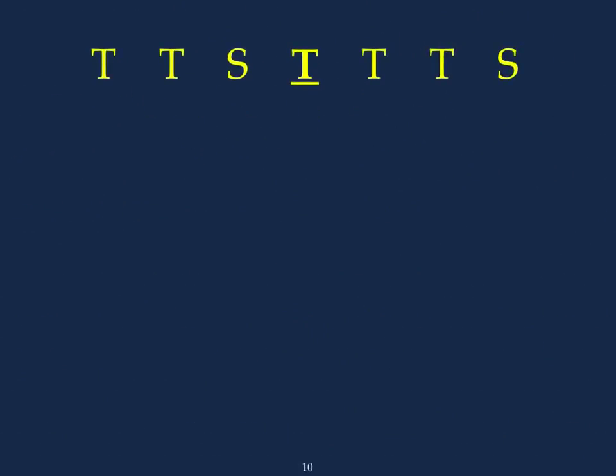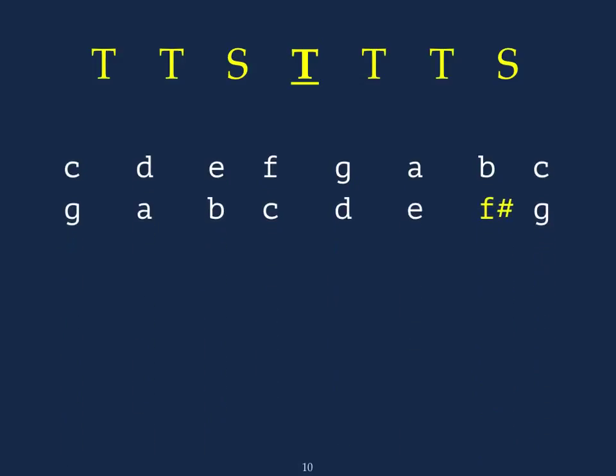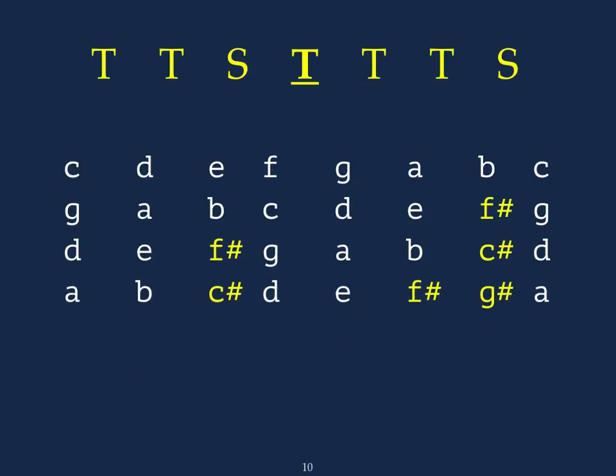So now look at our pattern: tone, tone, semitone, split by a tone, tone, tone, semitone. Here's the C major scale. Underneath we've got G, A, B, C, D, E, F sharp, G. And underneath that, the D major scale. The fourth one is the A major scale.